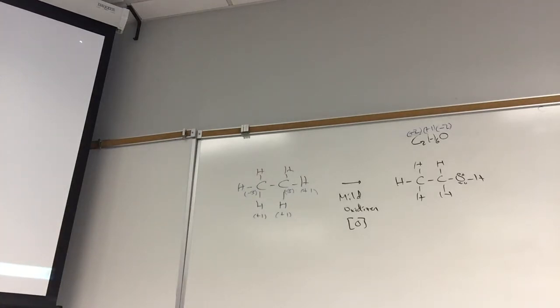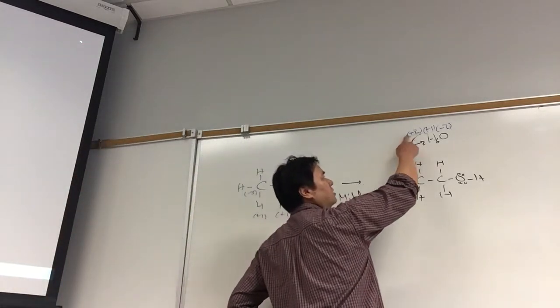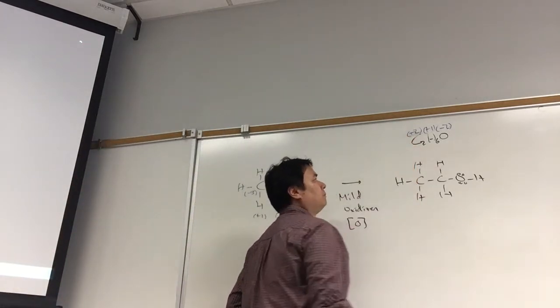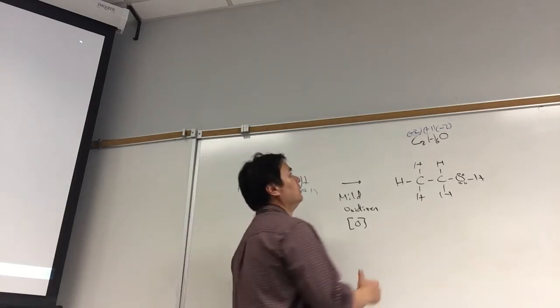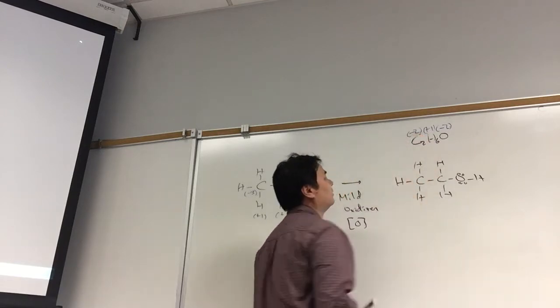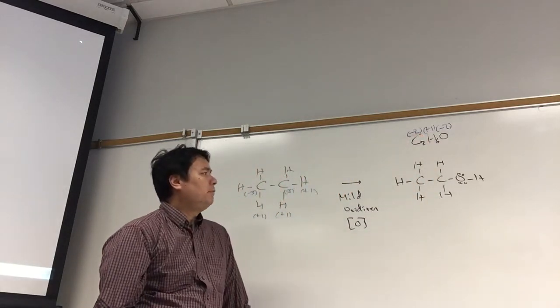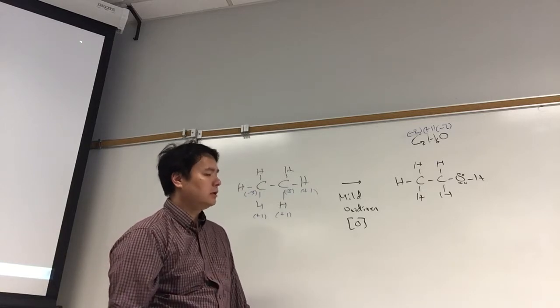That's how we assign it based on our rules. But based on structure, what do you see? Is each carbon +2? No. This is the average oxidation state of carbon. Oops, -2, you're right, -2, not +2. And so that's the average. What is the oxidation state on each carbon?